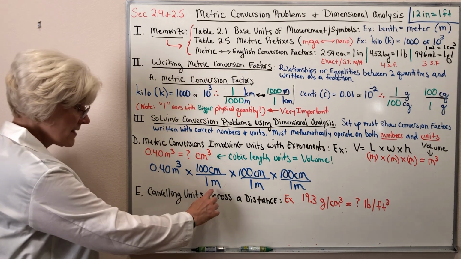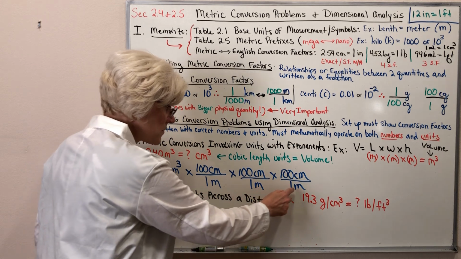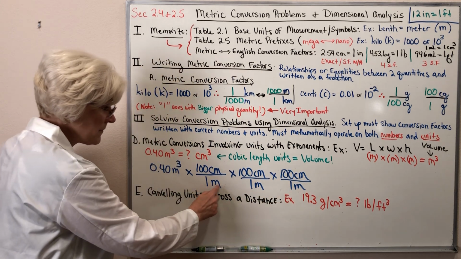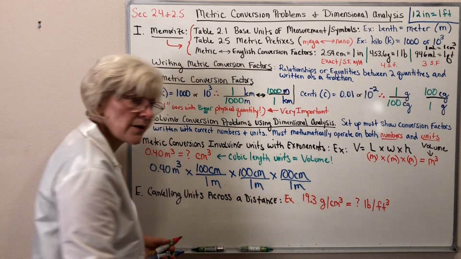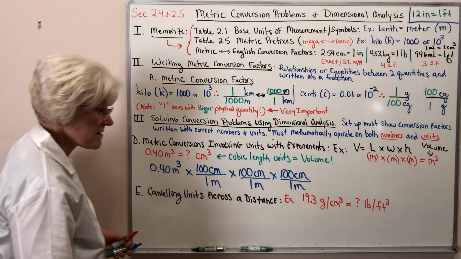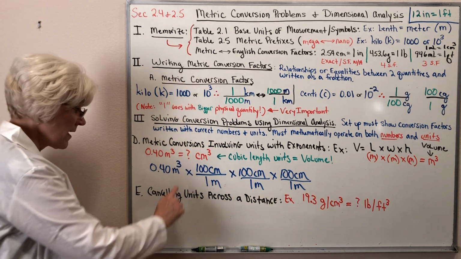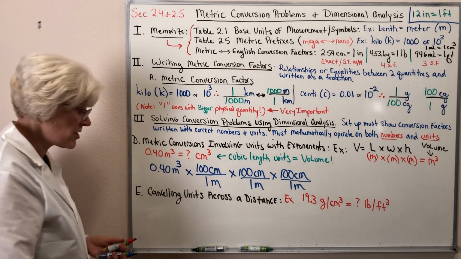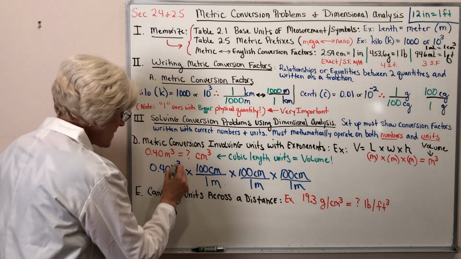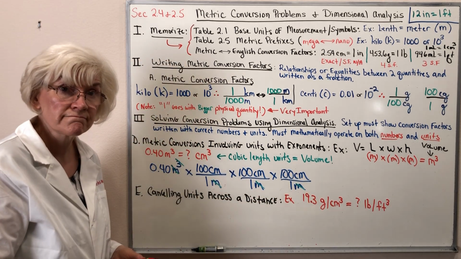And now what do I see for units in the denominator, operating on the units as well as the numbers? Well, a meter times a meter times a meter is a cubic meter. We already established that. So if we have cubic meters in the denominator and cubic meters in the numerator here, then these units will cancel with each other.